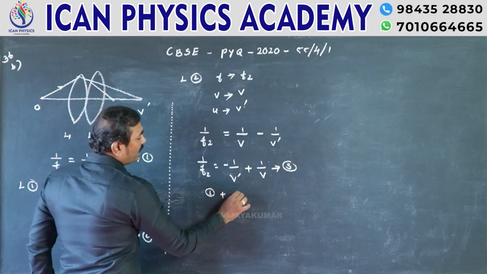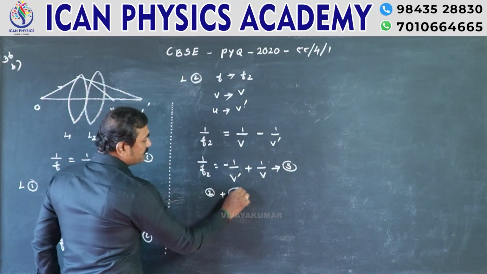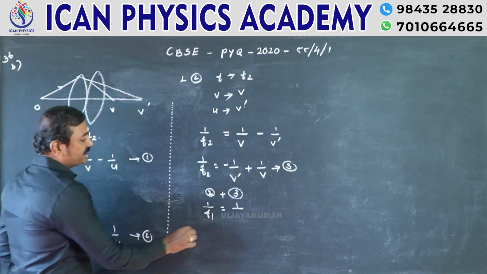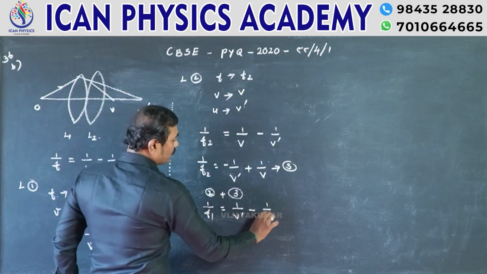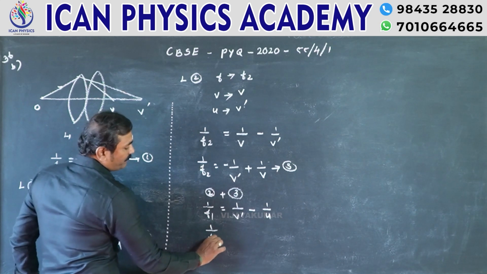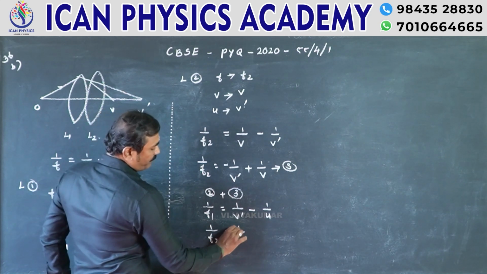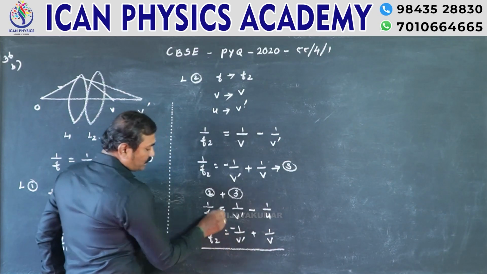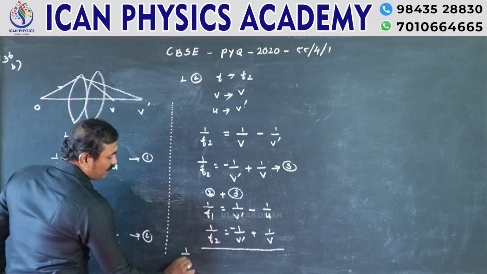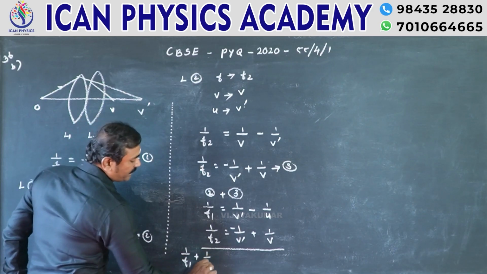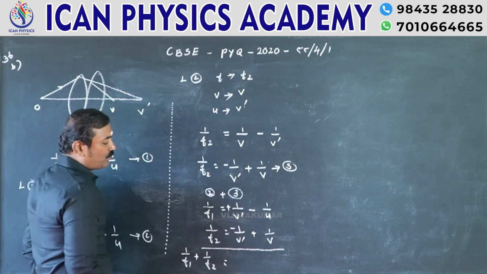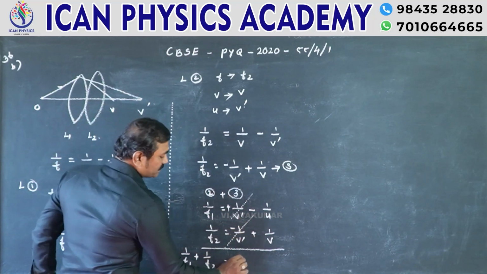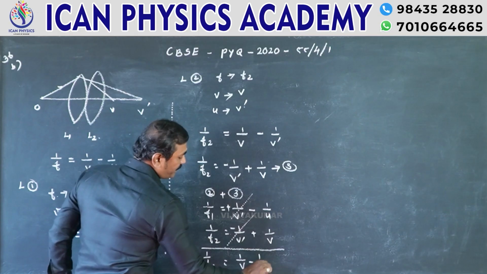Now we can add 2 and 3. So 1 by f1 equal to 1 by v dash minus 1 by u, and the second equation, 1 by f2 equal to minus 1 by v dash plus 1 by v. When we add, the LHS becomes 1 by f1 plus 1 by f2. On the right, plus 1 by v dash and minus 1 by v dash get cancelled, so it becomes 1 by v minus 1 by u.